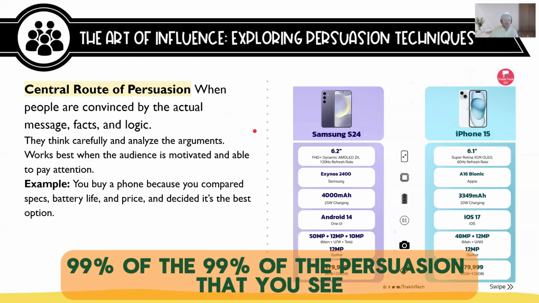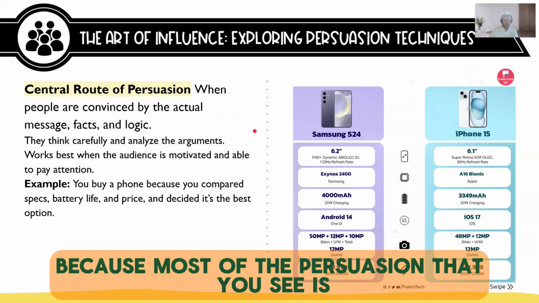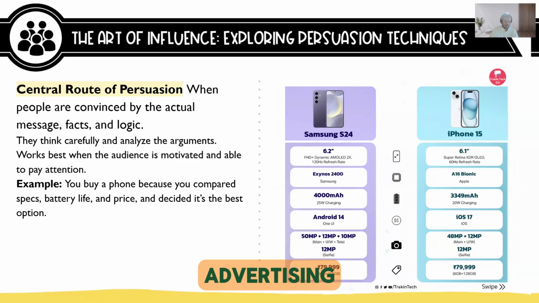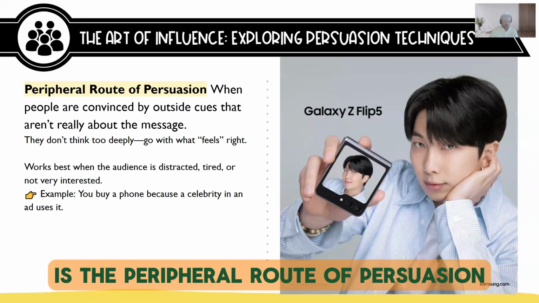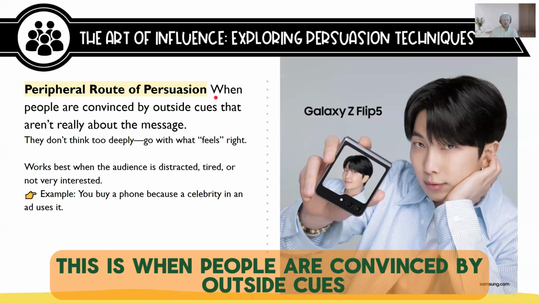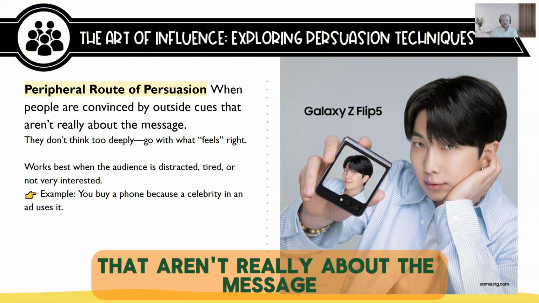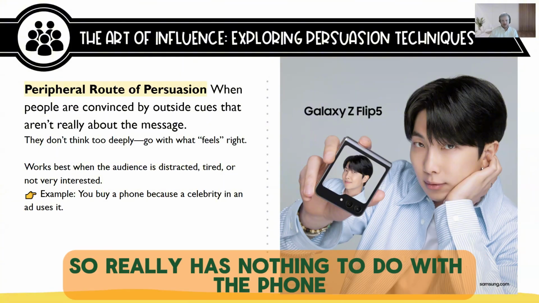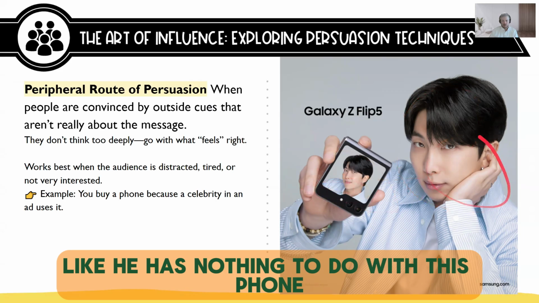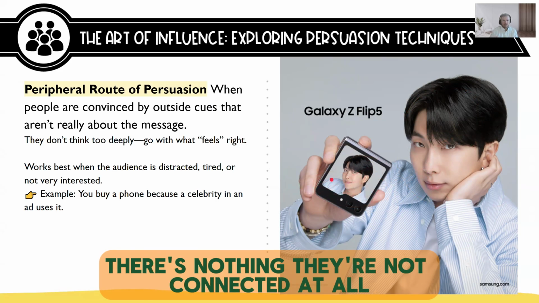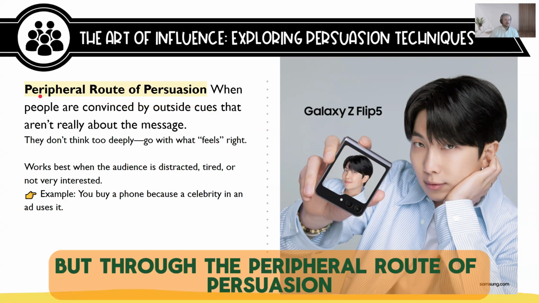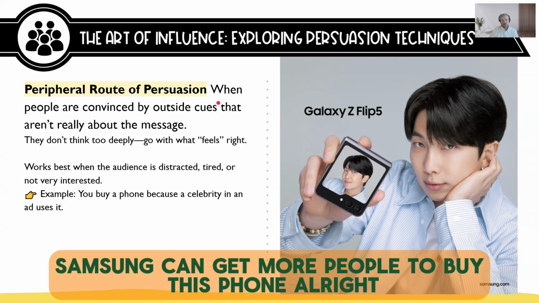99% of the persuasion that you see, because most of the persuasion that you see is advertising, is the peripheral route of persuasion. This is when people are convinced by outside cues that aren't really about the message. So really has nothing to do with the phone. Like he has nothing to do with this phone. They're not connected at all. But through the peripheral route of persuasion, Samsung can get more people to buy this phone. Right?